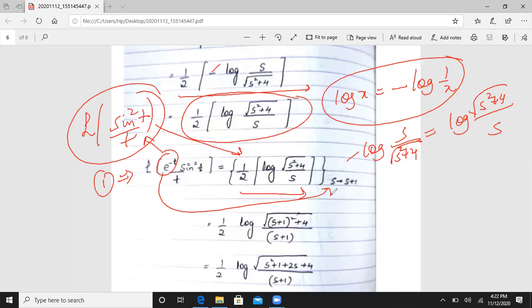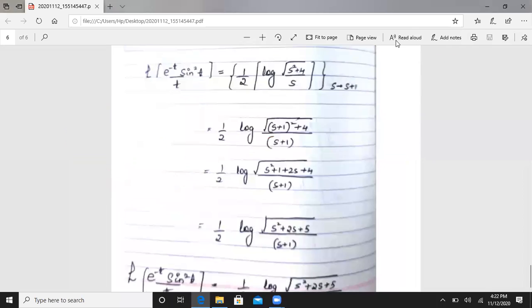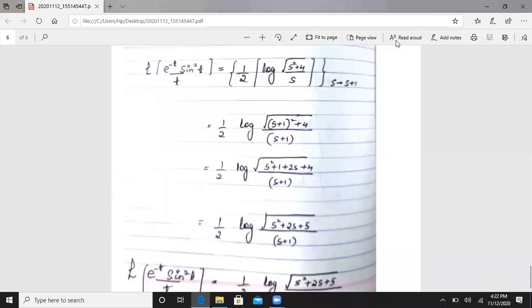Here, 1 by 2 into log of s square plus 4 divided by s, where s tends to s plus 1. Now we substitute s value to s plus 1. That is 1 divided by 2 as it is, and log of this function, s square becomes s plus 1 whole square, plus 4 as it is, divided by s, that is s plus 1.